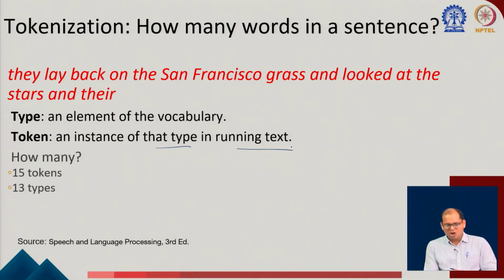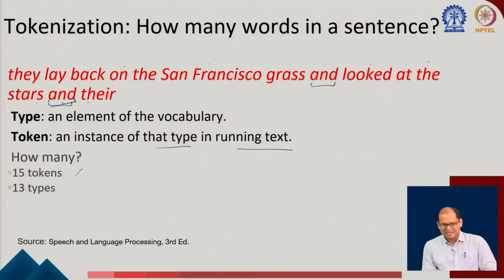Now let's count how many tokens there are. 1, 2, 3, 4, 5, 6, 7, 8, 9, 10, 11, 12, 13, 14, 15. So there are 15 tokens in this sentence. Now how many types are there? For that you have to see whether there are repetitions. You will find the word "and" has repeated, so you have one type less.